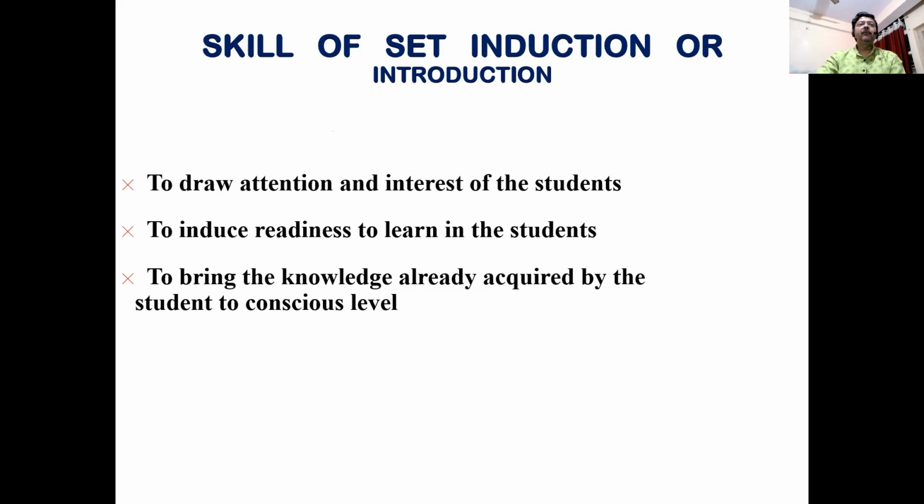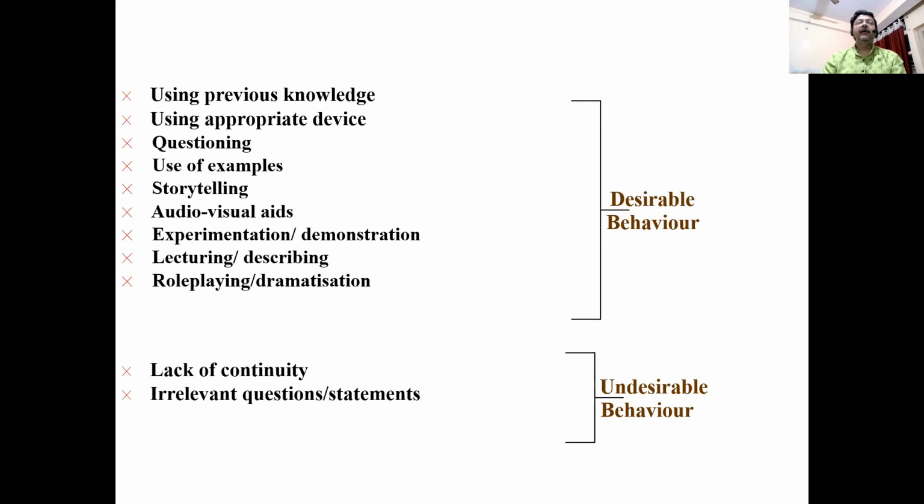With this, we move to the second part where we will determine the desirable behavior and undesirable behavior. As a part of desirable behavior, the learner's previous knowledge should be used.